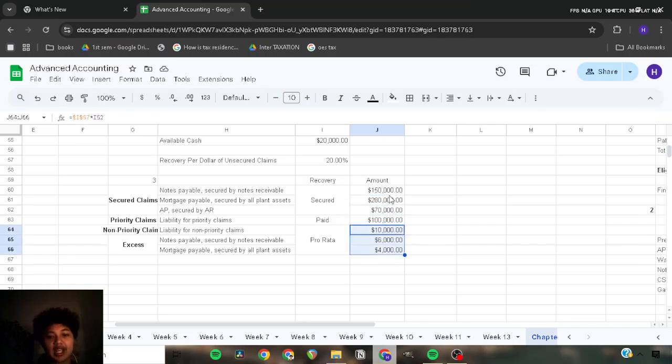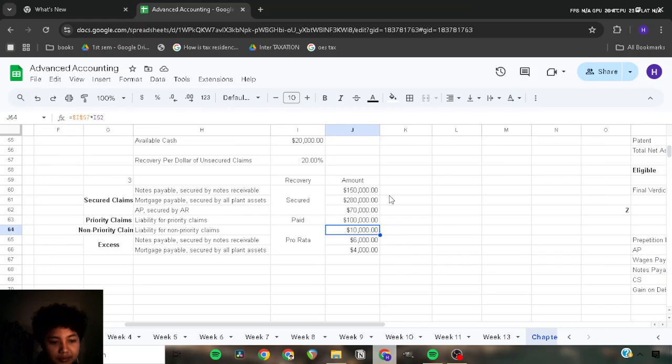This is the idea where you only have a limited amount of cash, but you have excessive debts, so you have to make sure that you pay them fairly using the 20K. So I just distribute according to their proportions. And so this is what they get: non-priority claims gets 10K, notes payable gets 6K, and mortgage gets 4K.